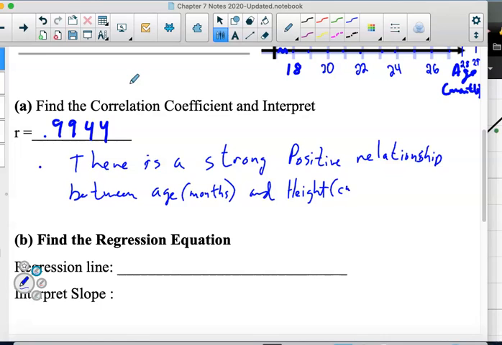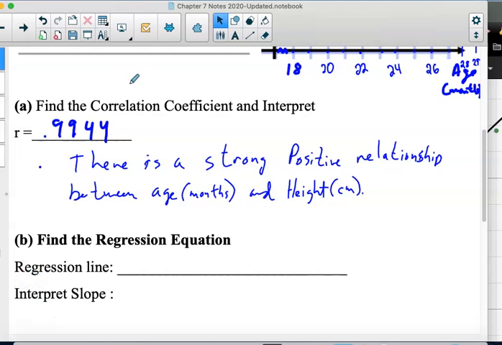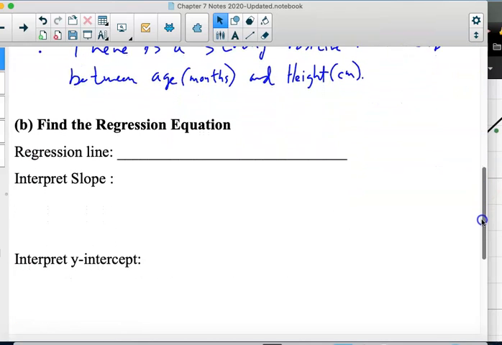And that we measured in centimeters. So basically I'm kind of taking a line out of that FODS sentence that we did yesterday and describing the correlation. Okay. Now it says find the regression line.